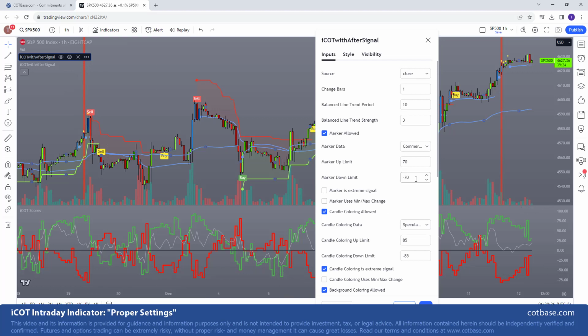By default, it's set to plus 70 to minus 70. Speculators candle coloring is what happens when the green line reaches a limit: the candle changes color from green or red to blue. That's how we represent an extreme in the green line, large speculators.